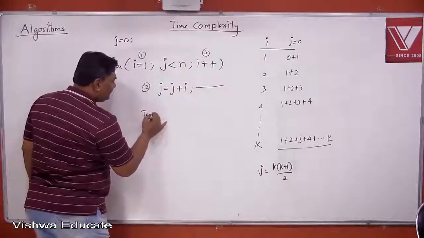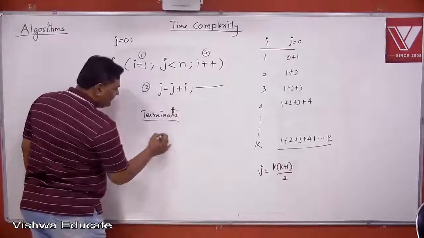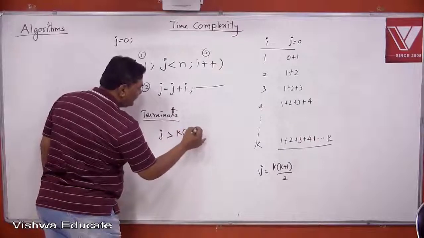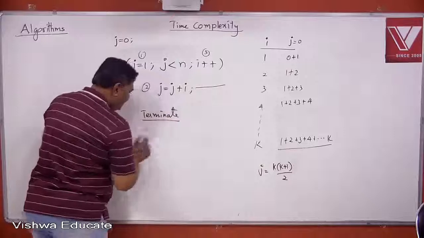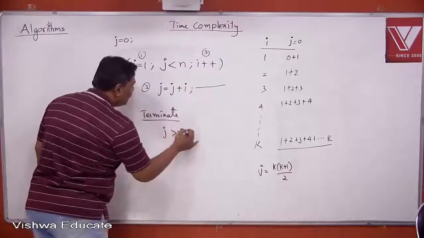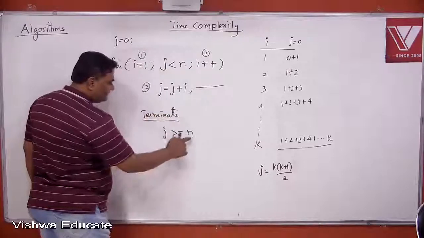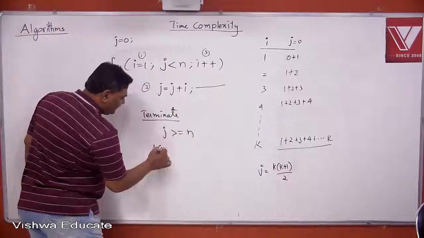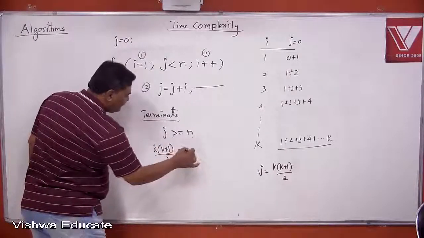So it will terminate when j becomes greater than or equal to n. As long as it is less than n, it will continue. When it becomes greater, it will stop. So the j value is k into k plus 1 by 2 becoming greater than or equal to n.